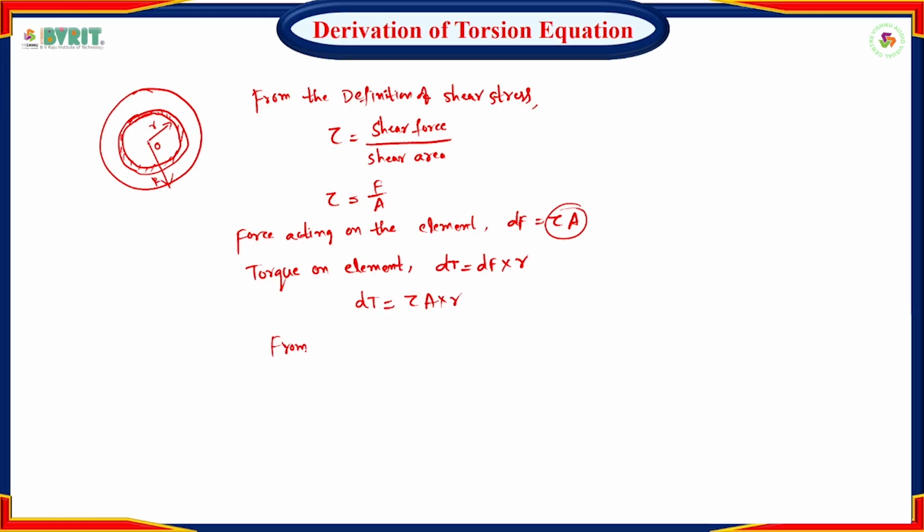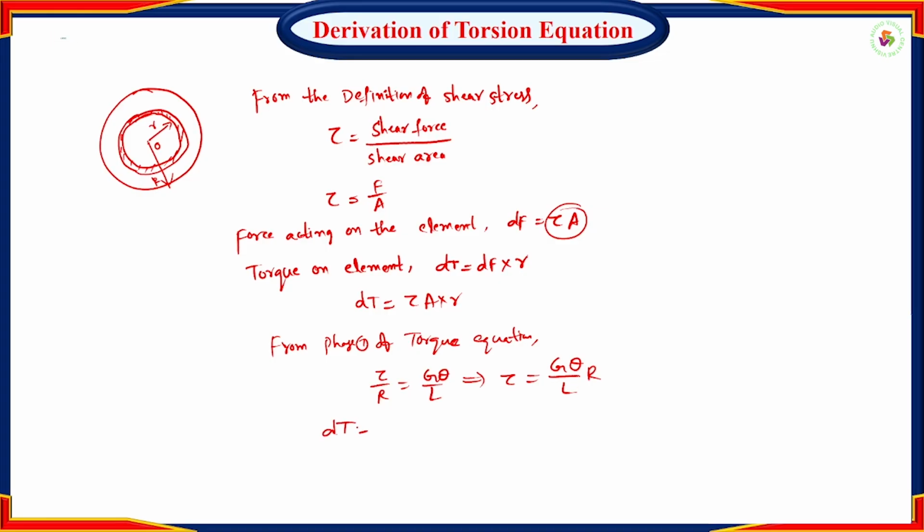Now from phase 1 of the torsion equation, that is tau by R is equal to G theta by L, from this we can write tau as G theta by L into the radius of the shaft.